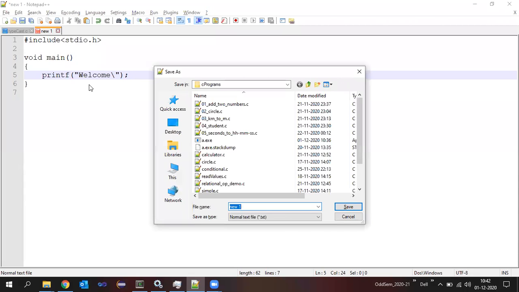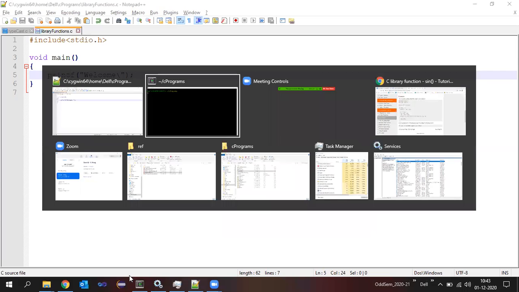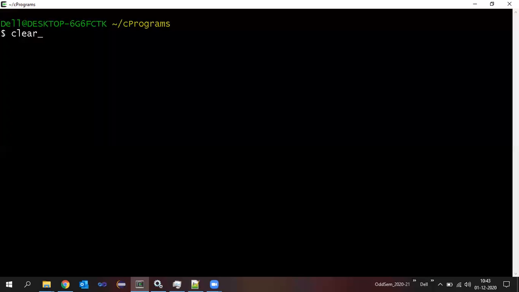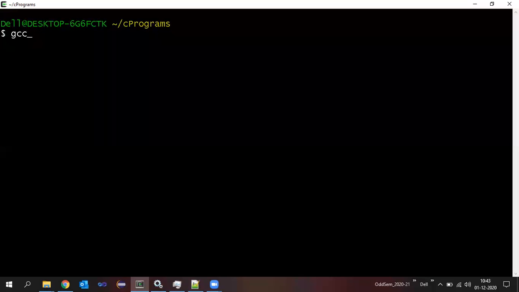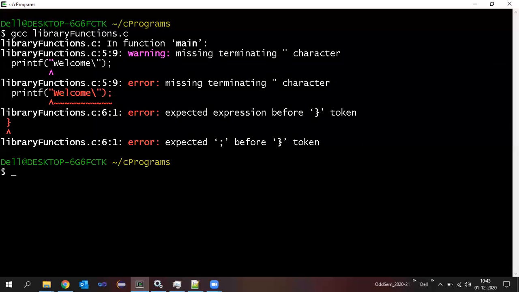Save the program, and let me give the name library functions dot c. Now if I execute this program, let's see the output. GCC, then the file name library functions dot c. There are certain errors here. What are the errors?